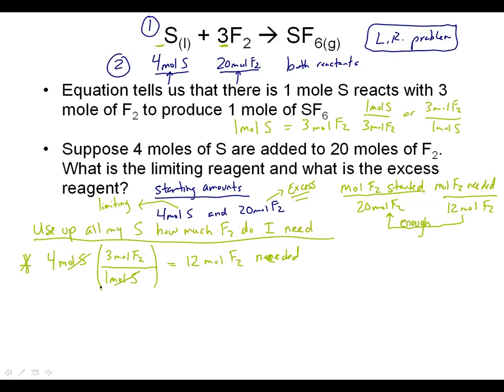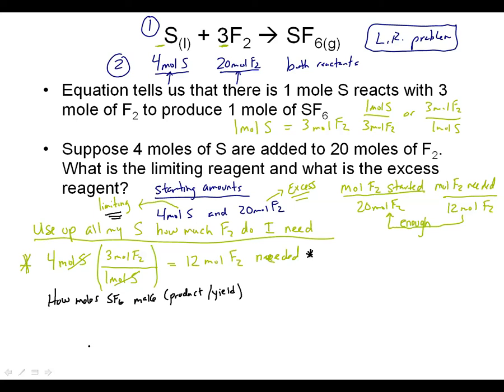And what that would mean is if I wanted to figure out how many moles of the SF6 I would make, which is our product and also our yield, we want to make sure that we use the limiting reagent to do that. So once we've done this calculation, you may not need to use this number or this calculation for anything other than what we just did, which was figuring out which one's the limiting reagent.